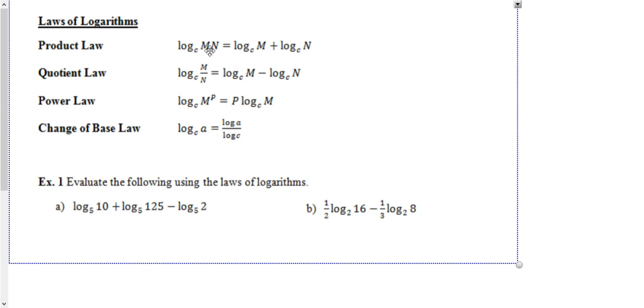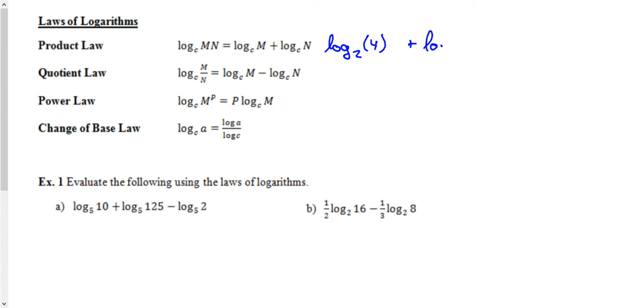So this first one here is basically saying if you had log base c of m multiplied by n, you could separate that into an addition equation. So that's the same thing as saying something like we just did, by the way. If you had something like log of the same base, let's go base 2 of, let's pick a number, let's go with 4, plus log base 2 of, and let's pick another number, let's go with something like 8.